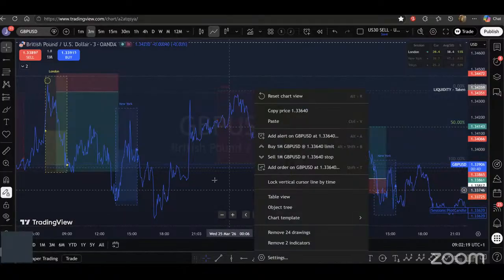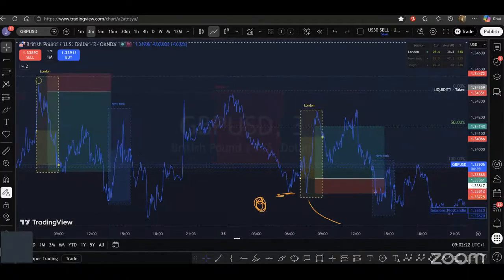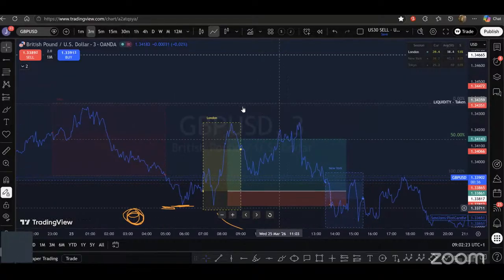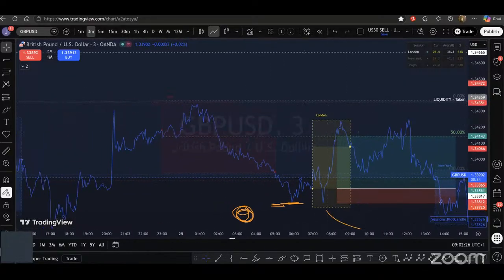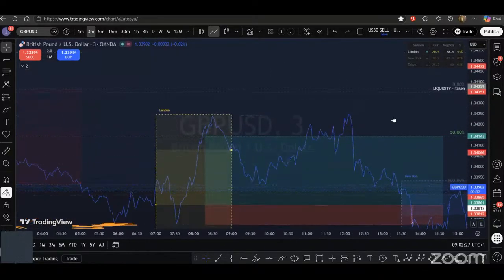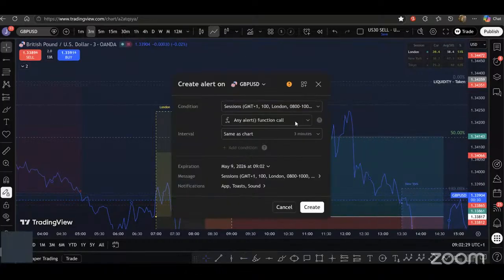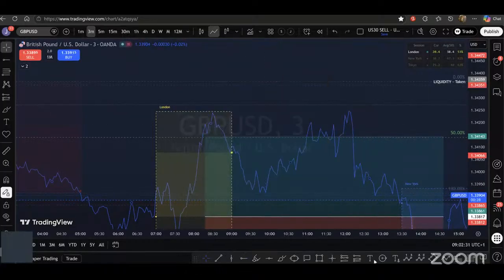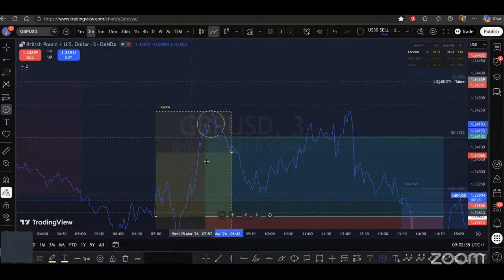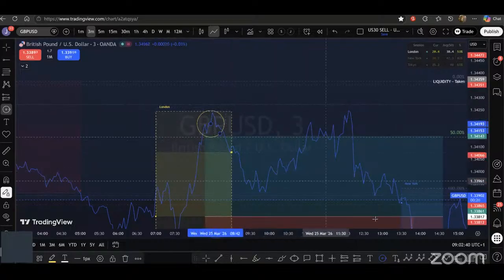So as soon as that market comes and taps in there and I start to see it failing, which we can see over here, the market made a manipulation M at around the 50% level. Around here, this is the end of my trade if I took this bullishly in here, and the start of my bearish trade.